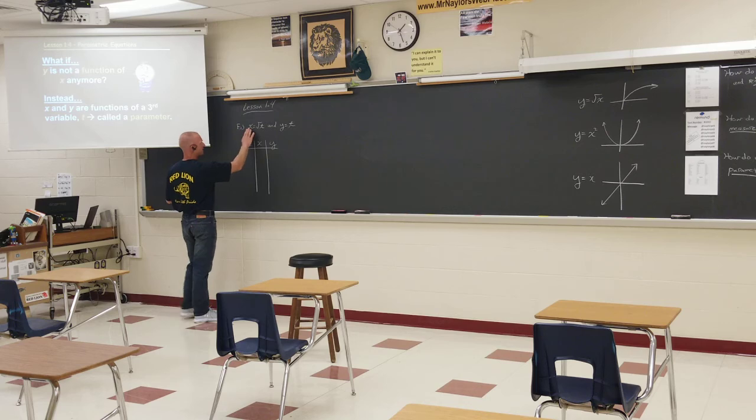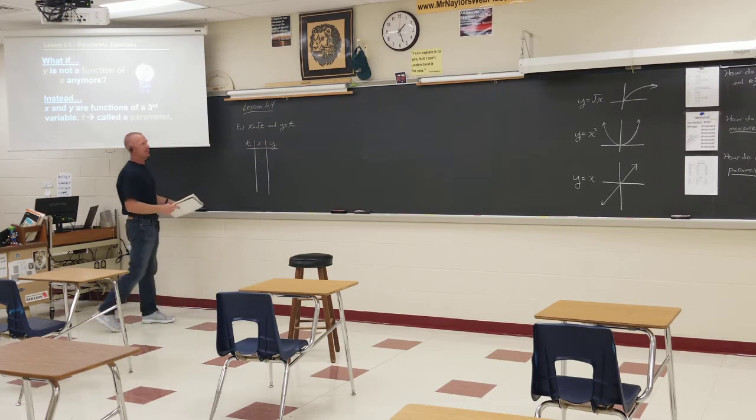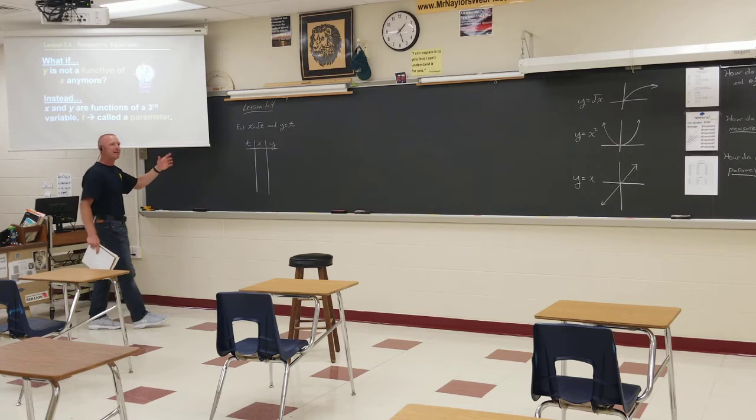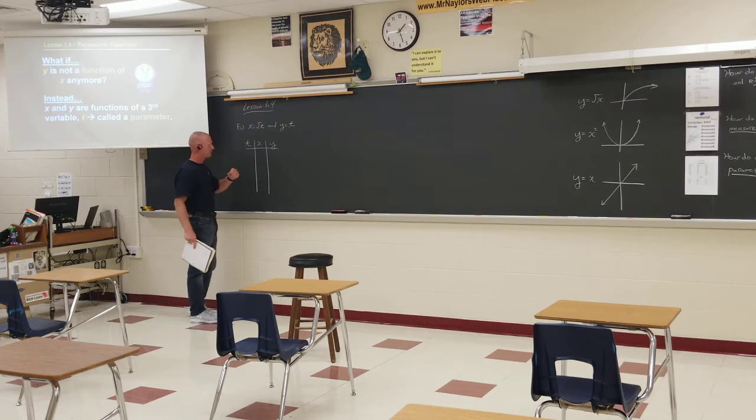For example, they're saying that x is going to equal something involving t. It's going to equal the square root of t. It also says that y equals t, which means that these x's and y's are functions of t. T is kind of going to be inputted so that we can get an output. And that's exactly what a table of values does.